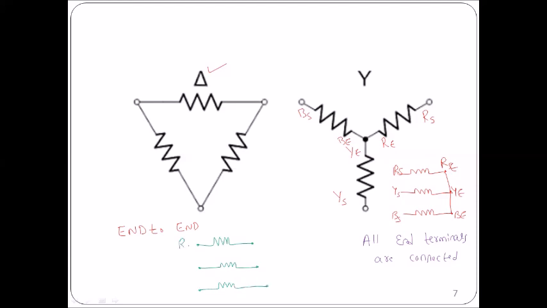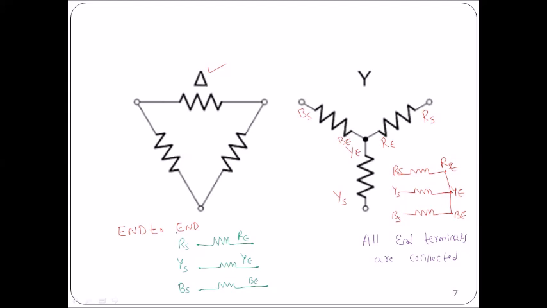So, we know that this is RS, RE, YS, YE, BS, BE. In the case of delta connection, it is called an end-to-end connection.